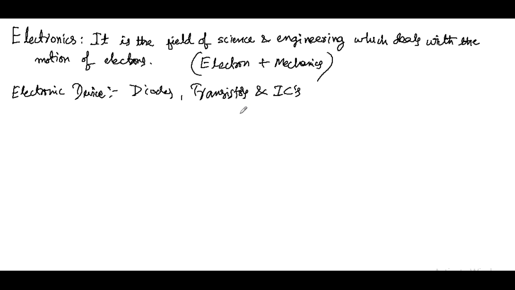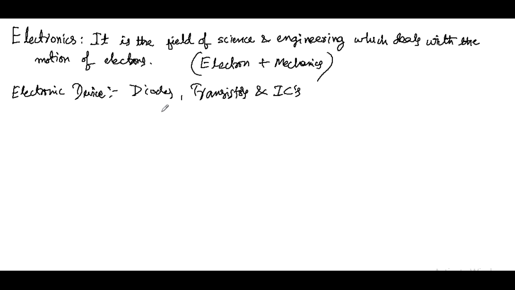Electronic devices are made up of semiconductors and are used for controlling or manipulating the flow of electrons. So examples are diodes, transistors and integrated circuits. IC is nothing but integrated circuits.